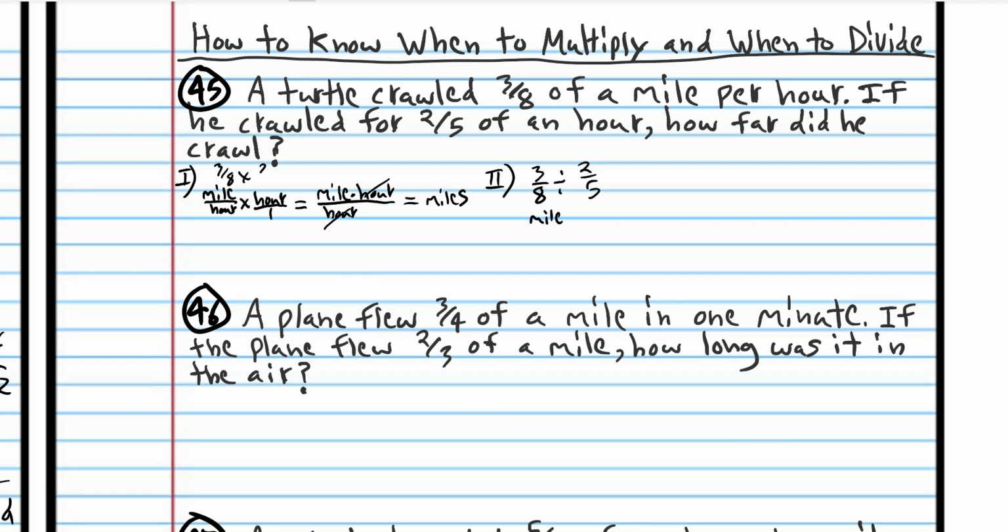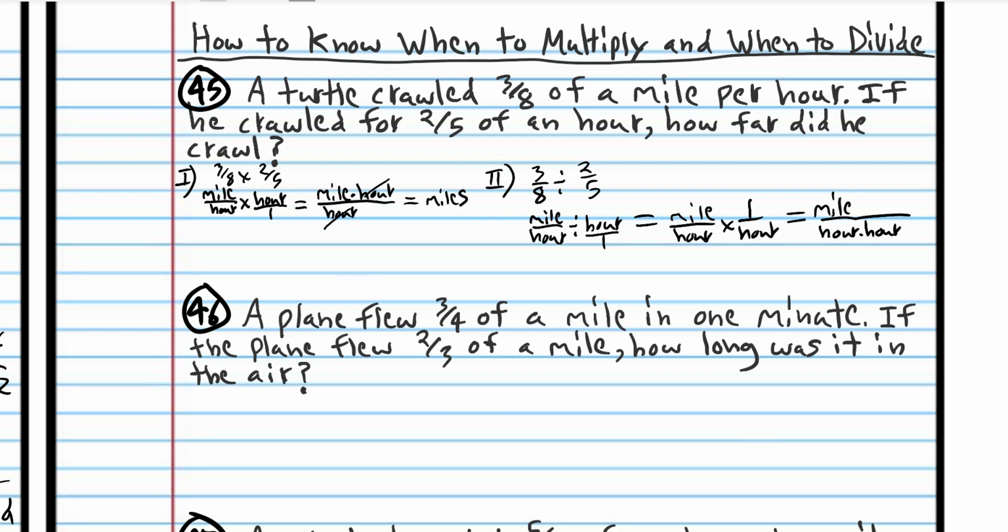That would give you miles over hour times 1 over hour, because remember, hour is considered to be a whole number. You'd end up with miles over hour times hour, but the hours are both in the bottom. So the hours don't cancel out, and you're left with miles per hour squared. That's not what we're looking for, so we know that's wrong.